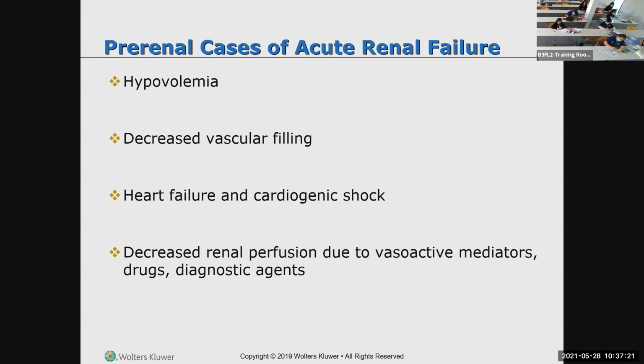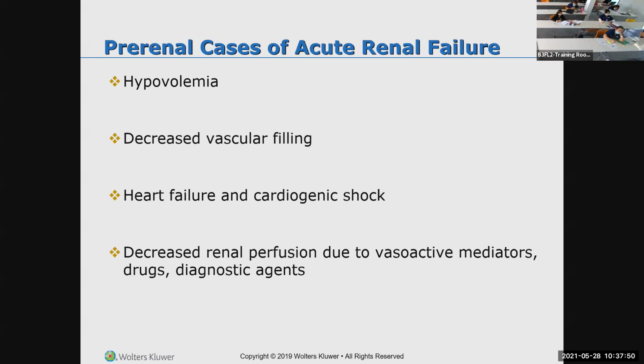Number four is decreased renal perfusion due to vasoactive mediators, drugs, or diagnostic agents. Sometimes we use drugs for X-rays and CT scans and others. Those drugs sometimes react, sometimes causing vasodilation that damages.